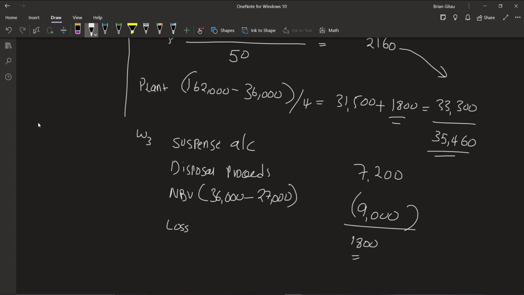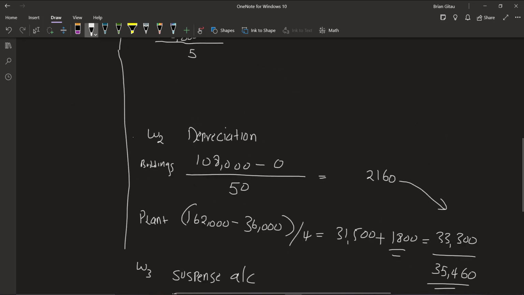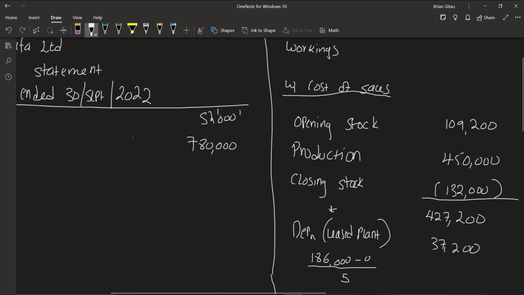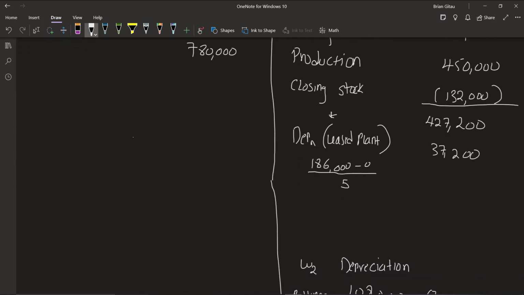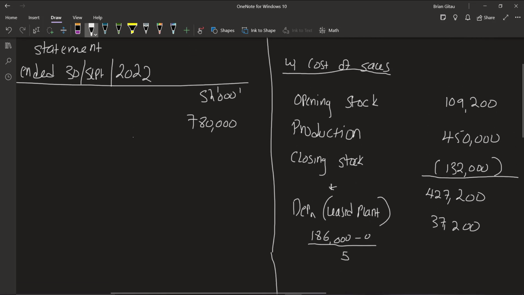Now since we have the total depreciation, we can include it in the cost of sales, but in the proportion that we are instructed to use in additional information number 7. So cost of sales is supposed to take 80% of depreciation. Let's include it in additional working number 1.